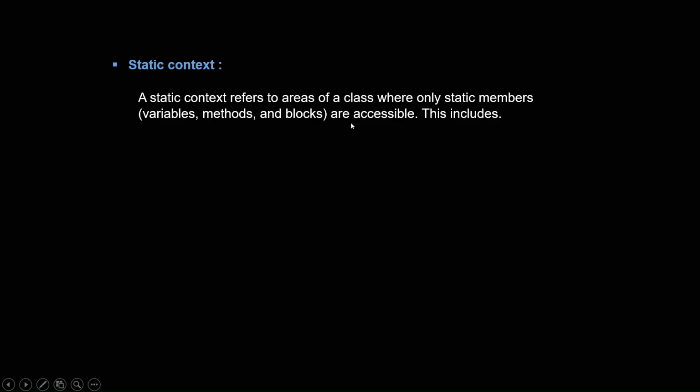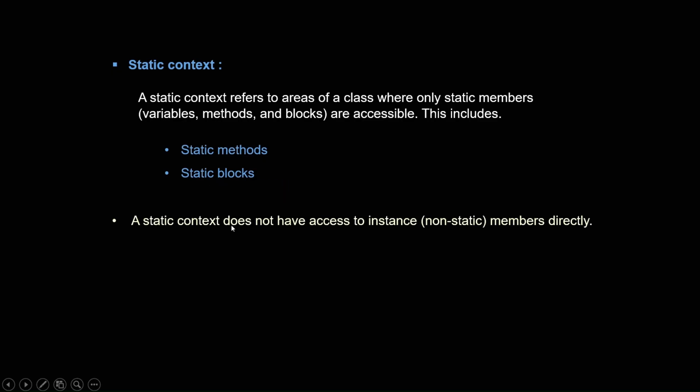If you want to access them, you have to create the object inside that static block. It includes a static method and a static block. A static context does not have access to instance or non-static members directly.